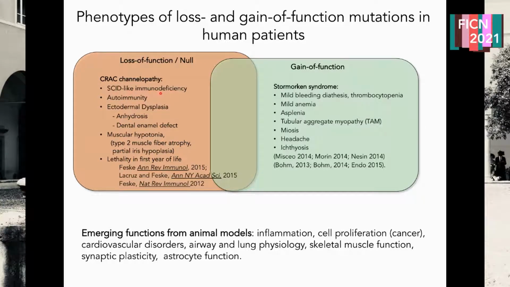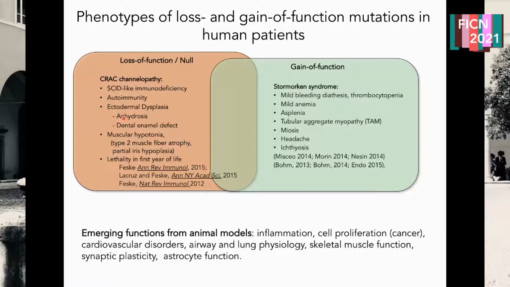This immunodeficiency affected both T cells and B cells in the immune system, resulting in a very severe combined immunodeficiency. These patients, typically children, would be susceptible to opportunistic bacterial and viral infections, and that frequently, if not always for Orai1, results in lethality within the first year of life. They don't survive beyond 6 months to a year.